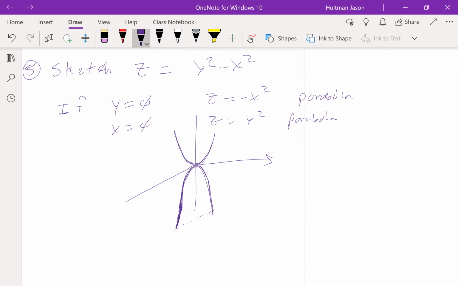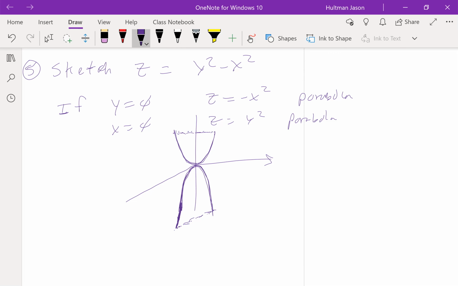However, these two parabolas are at 90-degree angles to each other. Does that make sense? They're like this. Keep that in mind.